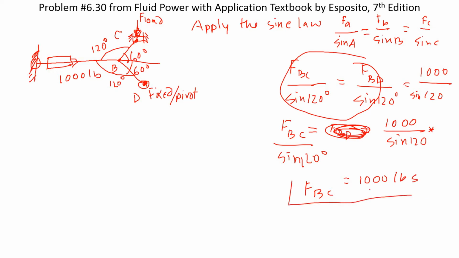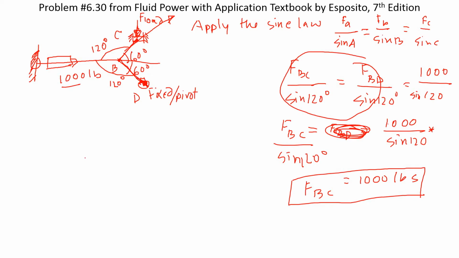Now this is 1000 pounds just by chance. Don't think that this will always be 1000 pounds. If this angle changes, then this force will change for sure. So now we know the force in the BC arm this way. This BD force will be neutralized by this pivot, so the reactions.